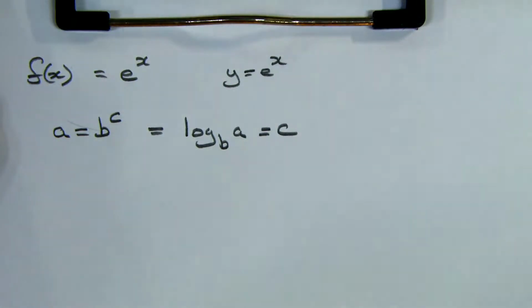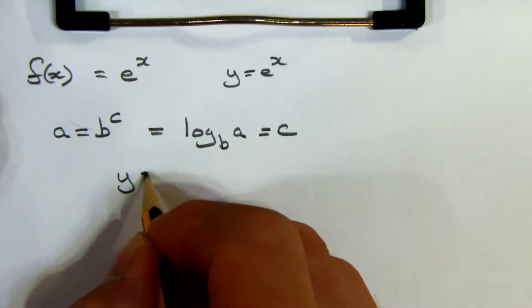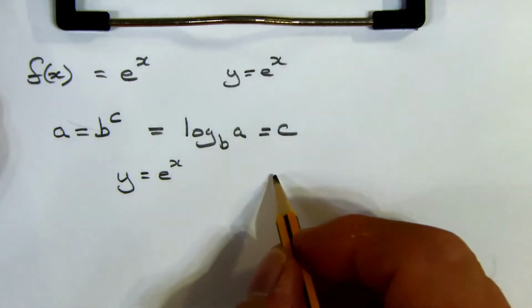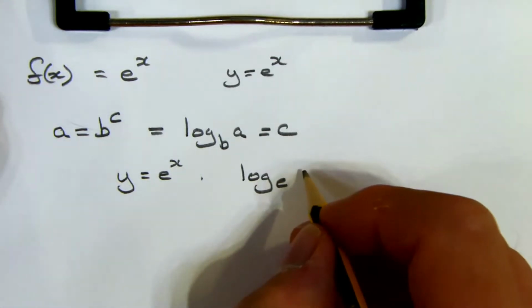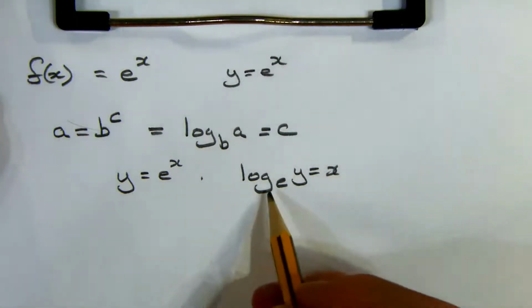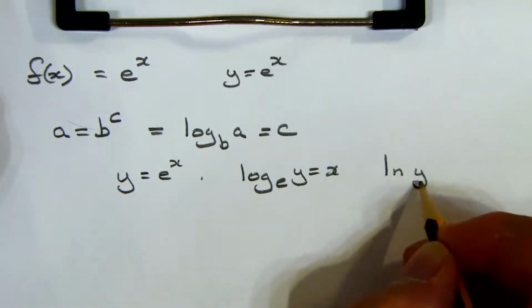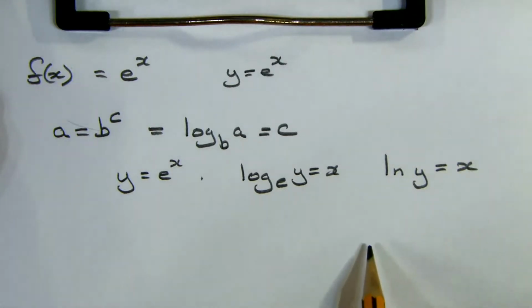That could be written as the log to the base b of a equals c. So we know that. So if I do the same with y equals e to the x, then I could write that as log e of y equals x, and we tend to write that as ln y equals x. Okay, so there's a couple of things we know.